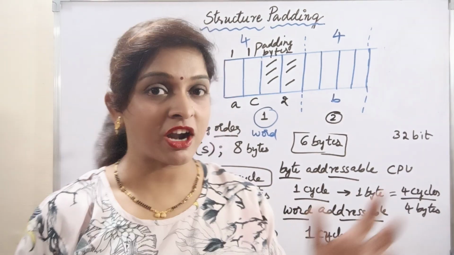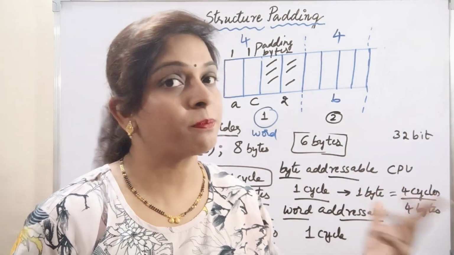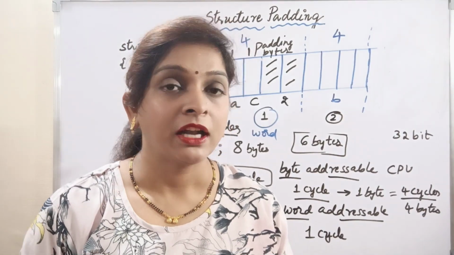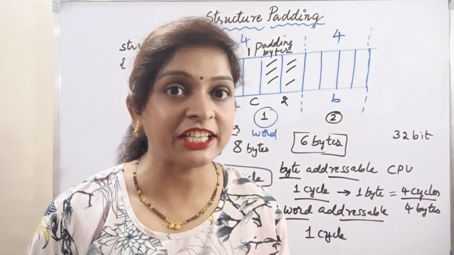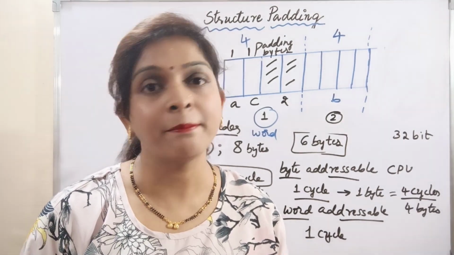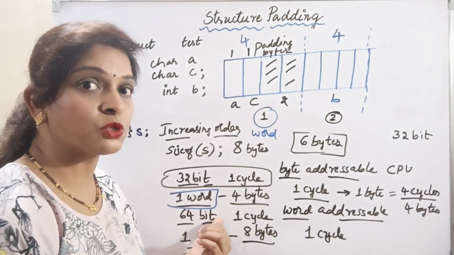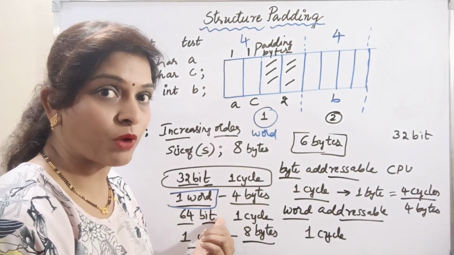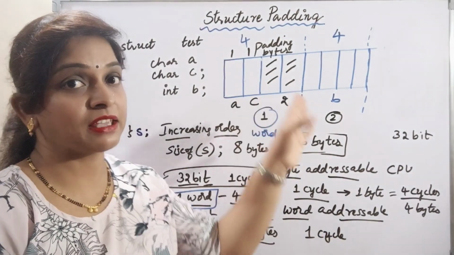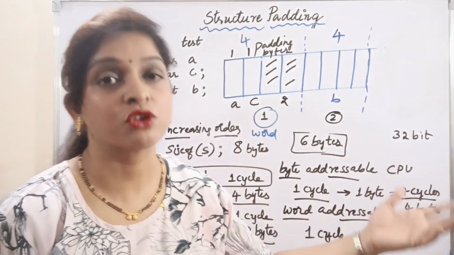So I hope you have understood structure padding. Structure padding is done by the compiler itself; we, the users, will not do anything. Depending upon the hardware architecture of the CPU or the compiler, it is going to do the padding. If it is 32-bit with a 1 word length, in one cycle it can access 1 word, meaning 4 bytes at one stretch. If I say character, 1 byte, the remaining 3 bytes will be padding bytes, and it goes on like that.